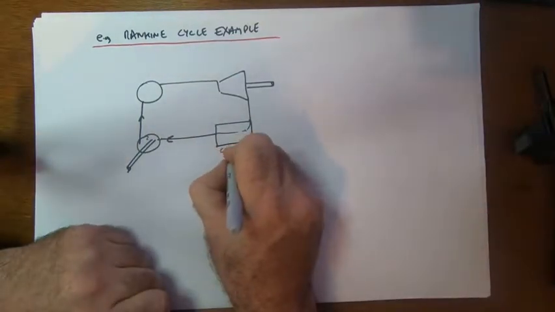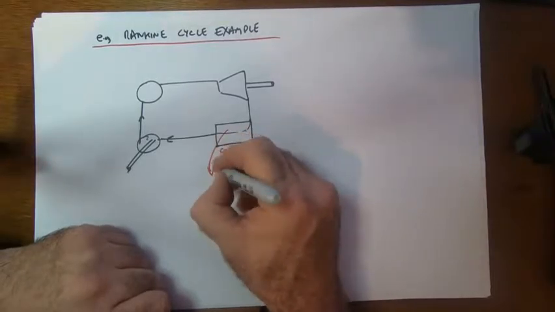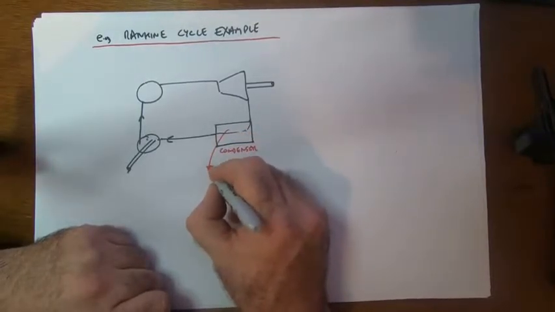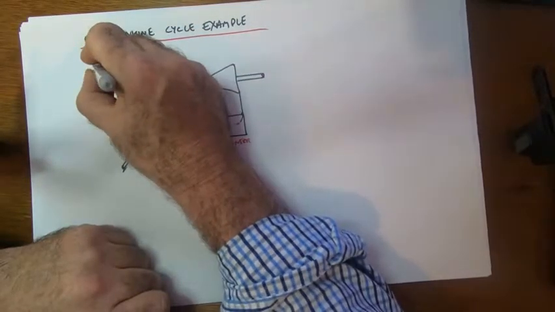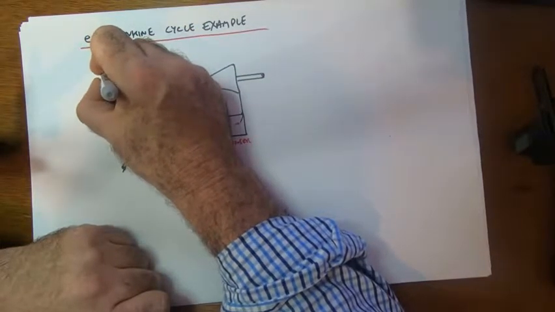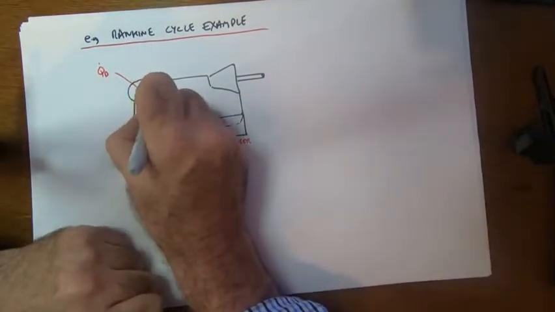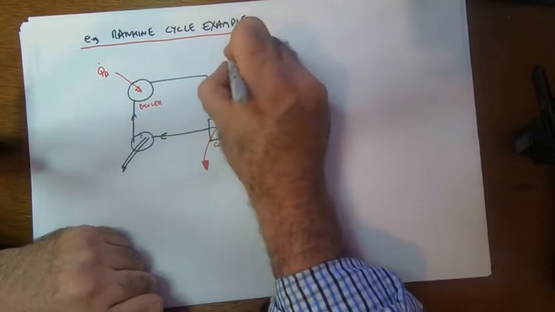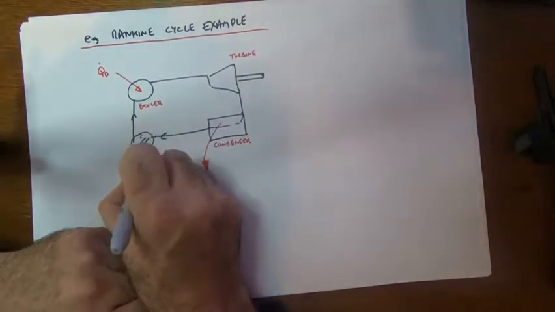So we're going to label these components. So we've got a condenser. That's actually dumping heat out. We've got a boiler here with Q going in. Call that the Q boiler. And let's label that boiler. We've got a turbine. And we've got a pump.